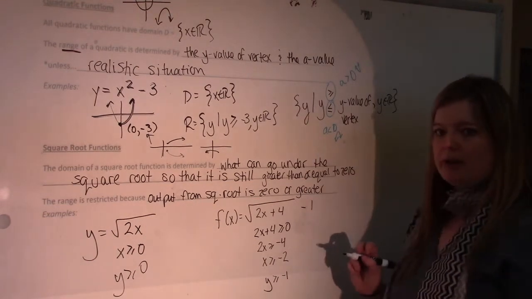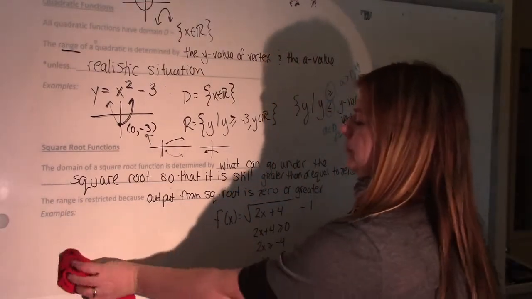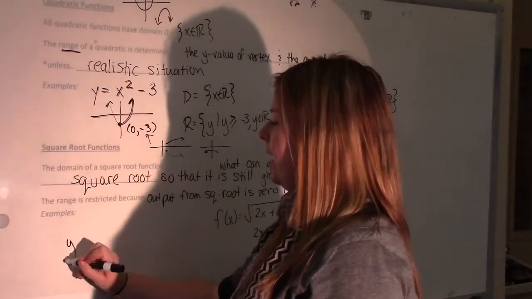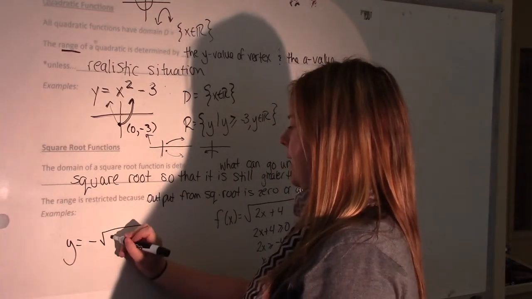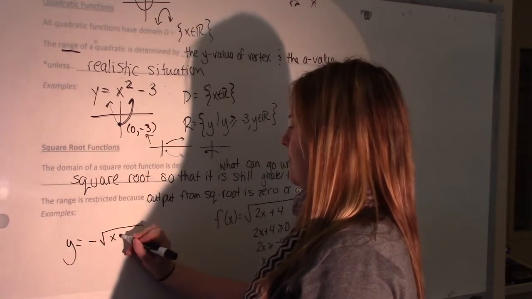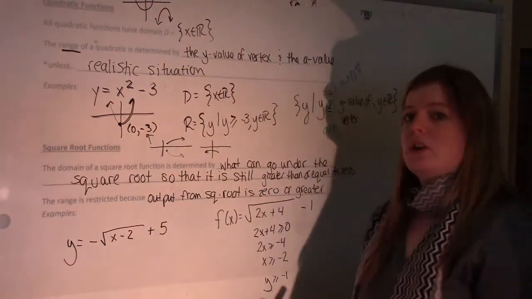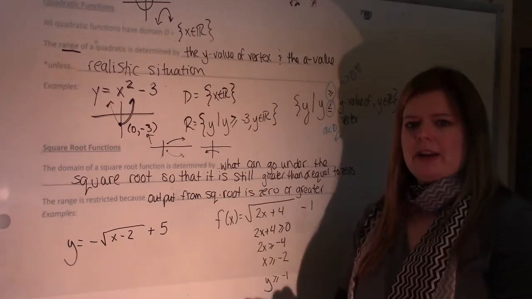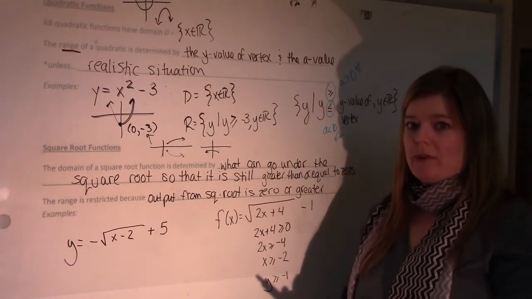So let's try one more example. What if we had y is equal to negative square root of x minus 2 and then plus 5? So I want you to think about what the domain and range would be. Why don't you pause this and see if you can think about this on your own before I explain it.